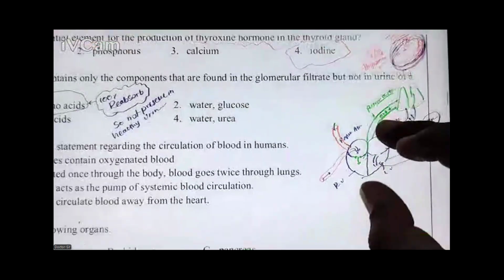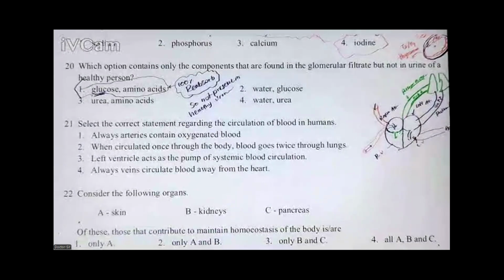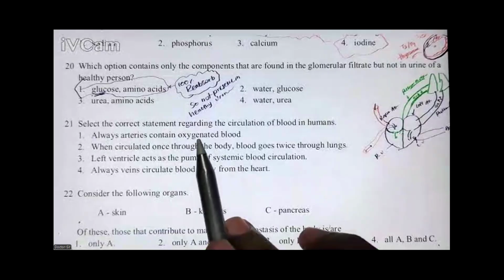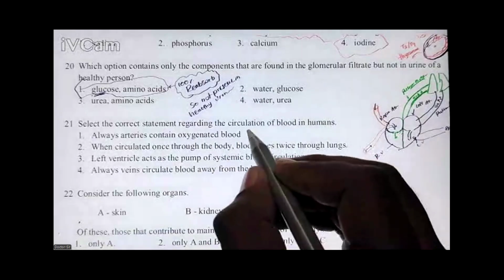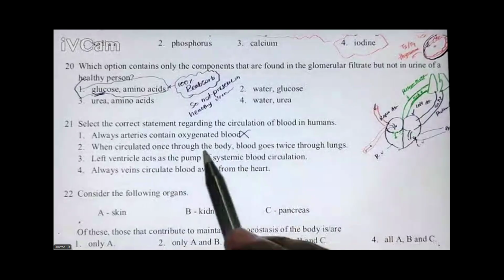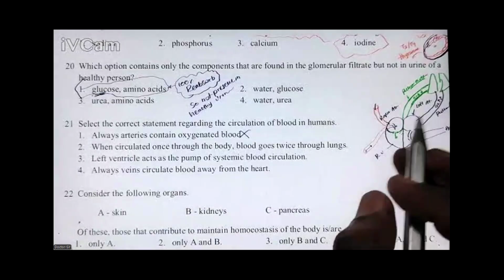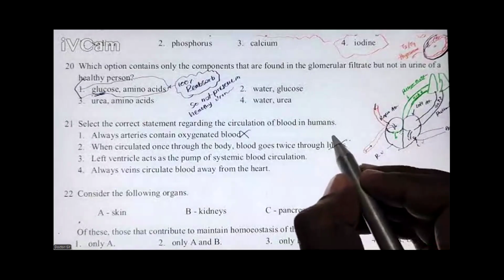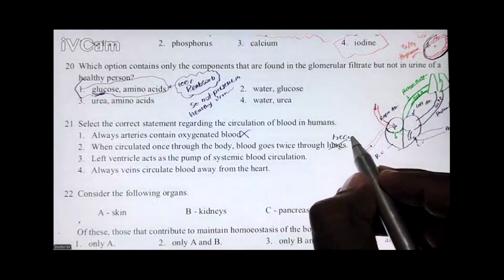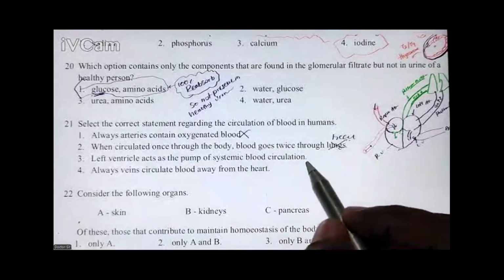Now select the correct statement regarding the circulatory system. Always artery contain oxygenated blood, that's wrong. Pulmonary artery contains deoxygenated blood. When circulated once through the body, blood goes twice through the lungs. Not twice through the lungs, twice through the heart. Then the left ventricle acts as a pump of the systemic circulation.